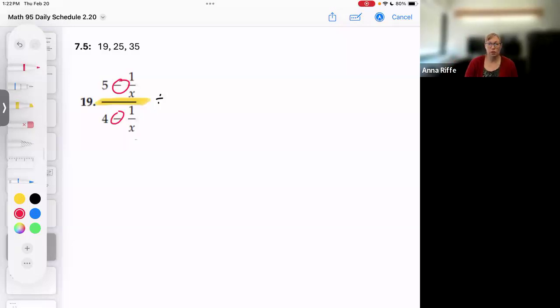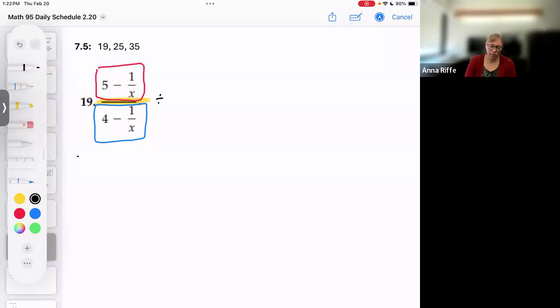It's easier to work with fractions if I have a single fraction that I'm dividing by a single fraction. So I'm going to start this problem by working with the top and the bottom individually. And this is how your regular instructor showed you in the videos. So I'm going to work with each of those individually and subtract, and that will combine two terms into a single term and allow us to apply the division.